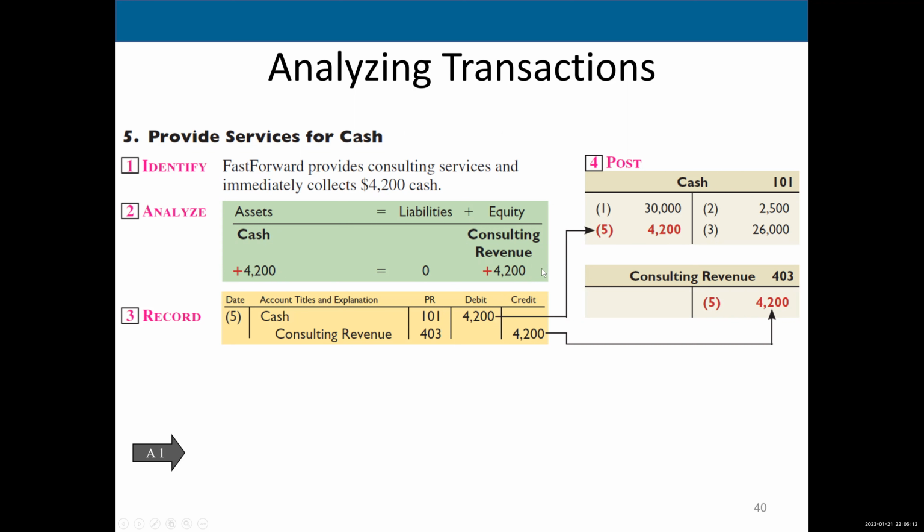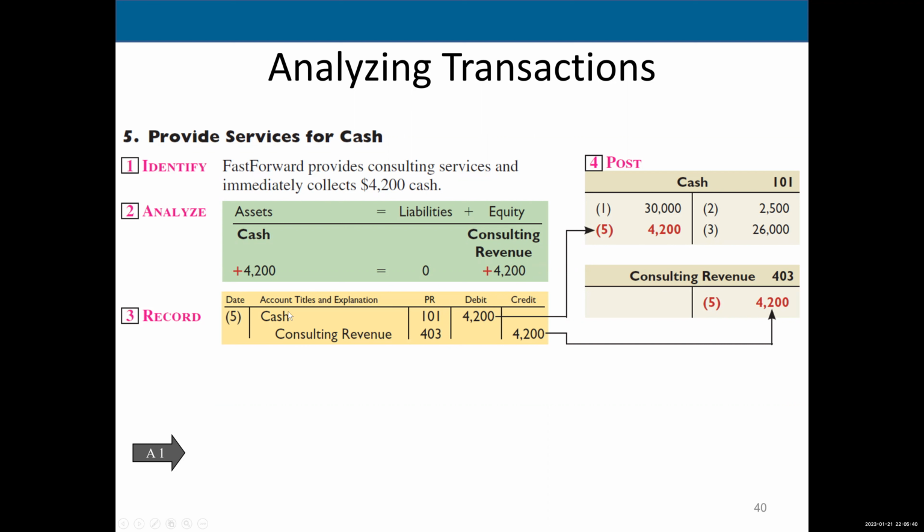Next, our revenue went up. Now, how do you increase the revenue? Is it part of debits? No. So we're going to increase revenue with a credit. So specifically, it's consulting revenue. So consulting revenue, credit, 4,200. Once we get our journal entry, then we post to the ledger. We do that one line at a time.